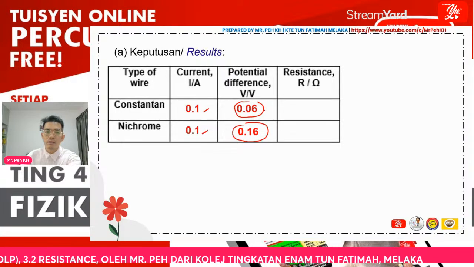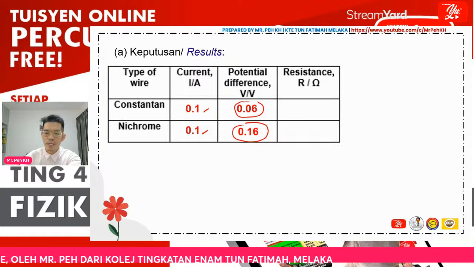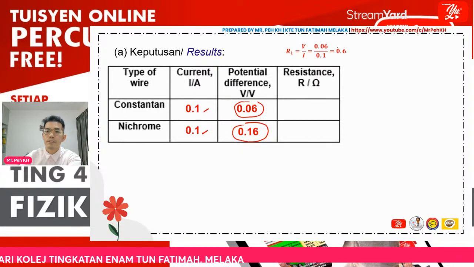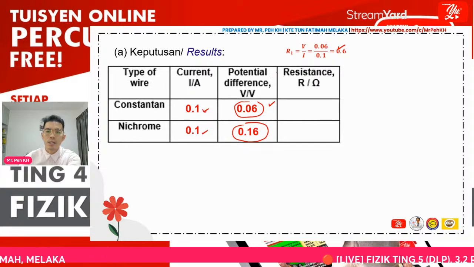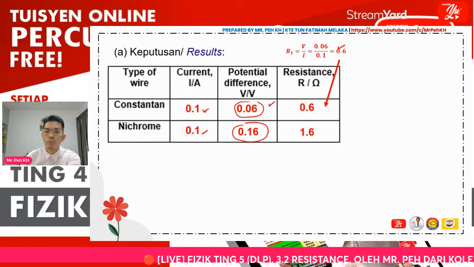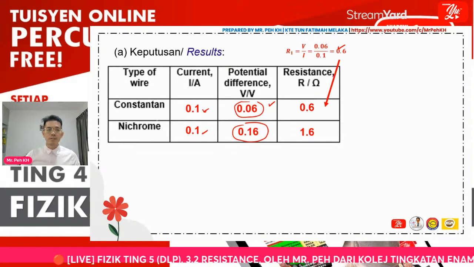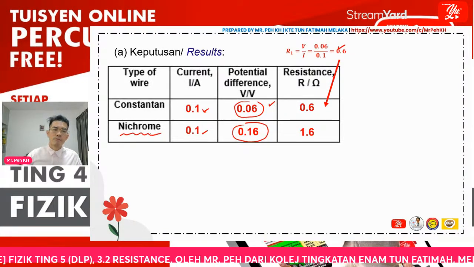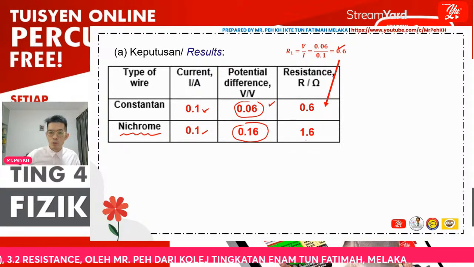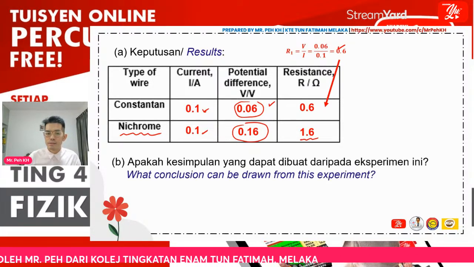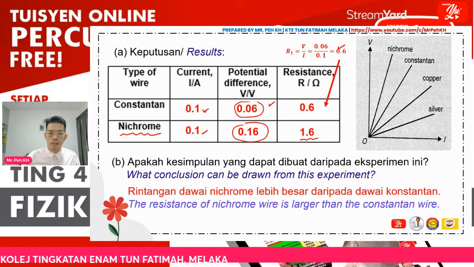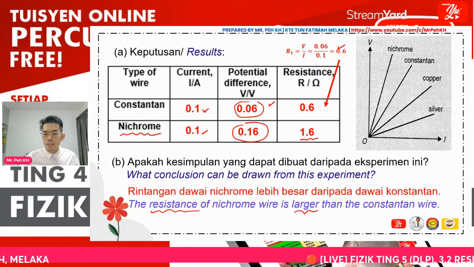The resistance, using V against I, we get 0.6 for the first one, and then another reading 1.6. So here it is clear that the higher the resistivity of the wire, the higher the resistance.